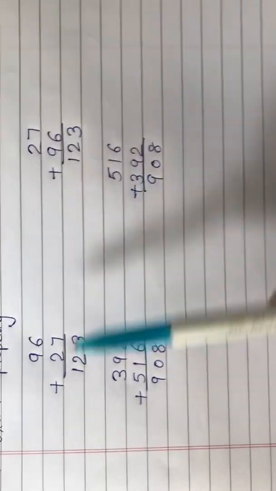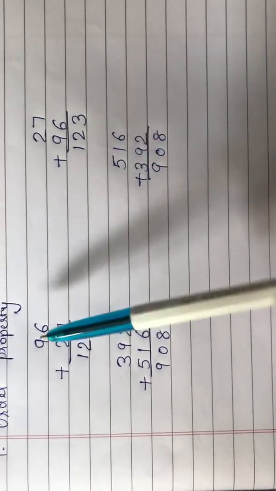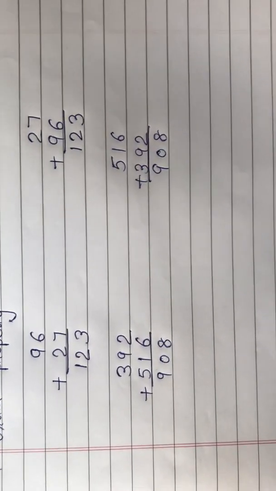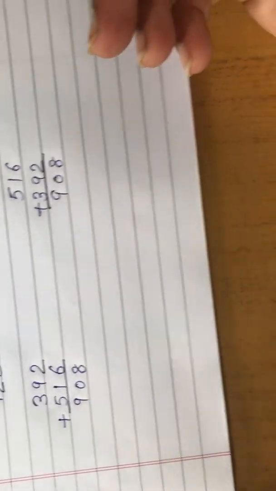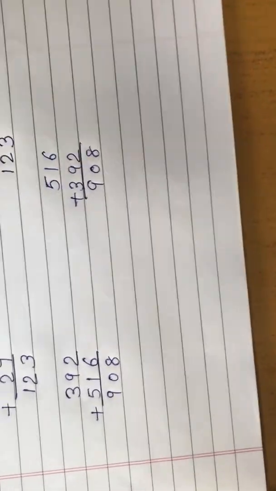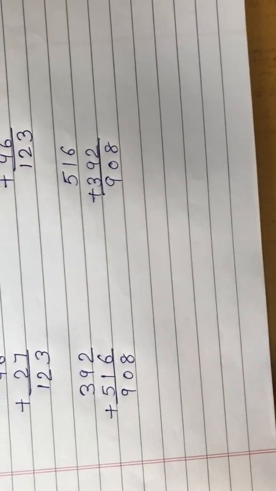आप देख रहे हो कि दोनों केसेस में जो हमारा आंसर है वो सेम है. इसका क्या मतलब है कि जब हम किन्हीं भी दो नंबर्स को ऐड करते हैं तो उनका ऑर्डर चेंज करने पर हमारा जो आंसर है उस पर कोई इफ़ेक्ट नहीं होता है.